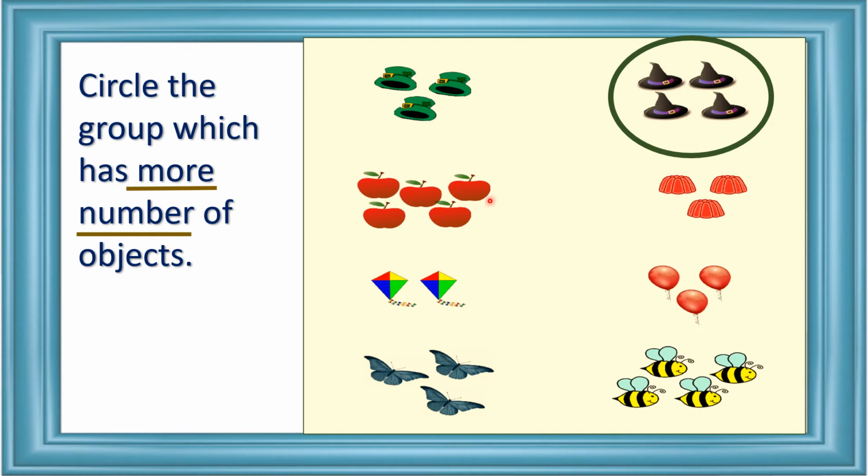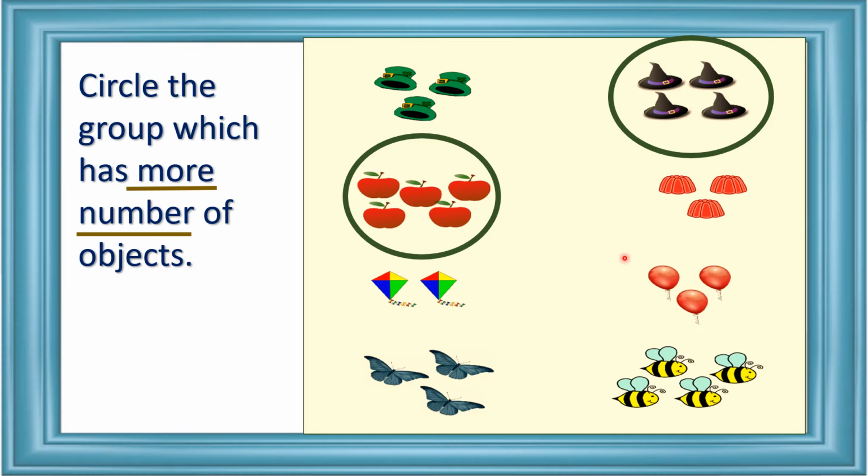Okay. Now here we can see apples. How many are there? 5 and 3 jellies. So which one to circle now? Yes, very nice, apples, because they are more in number. Right? Now kites and balloons. 2 kites and 3 balloons.